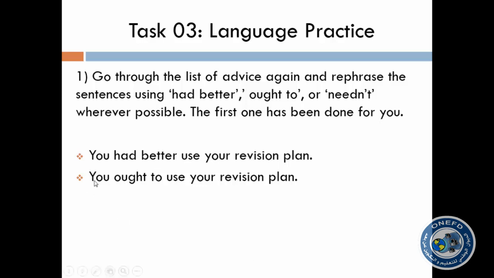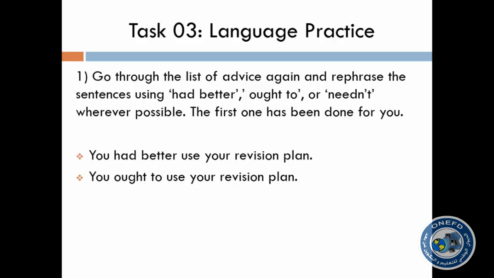Next, you ought to use your revision plan. So what do you notice? It's the same idea, but expressed in a different way using ought to. In your baccalaureate exam, you have this same typology.